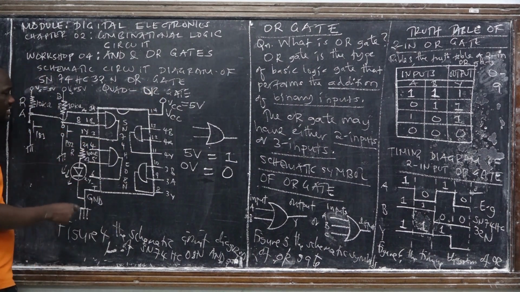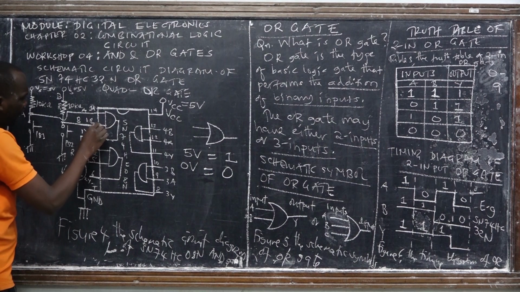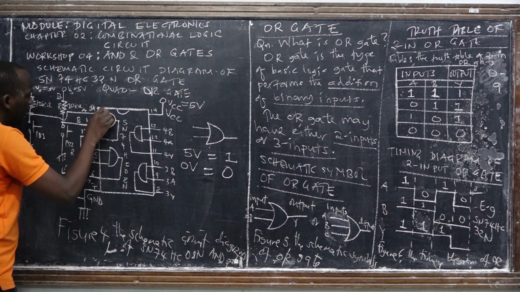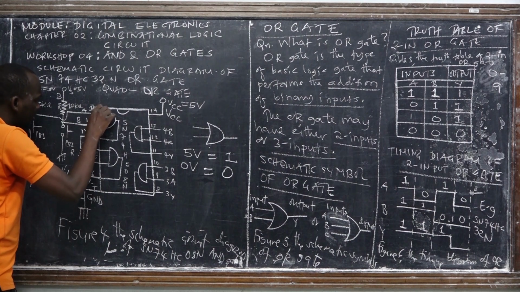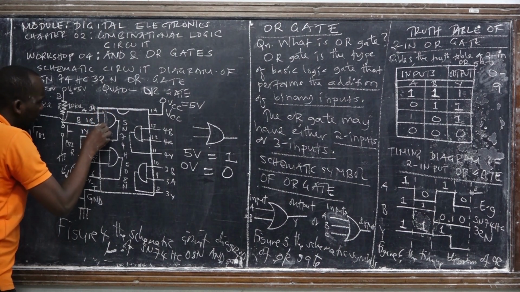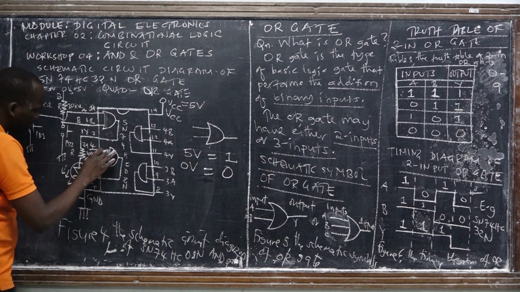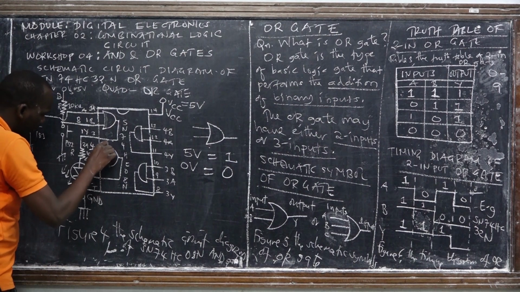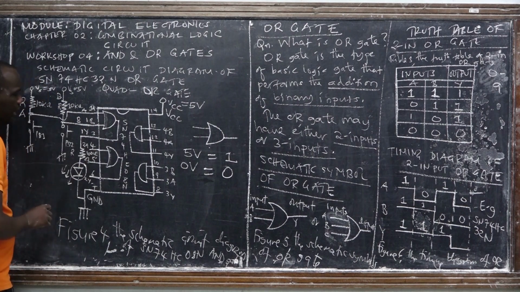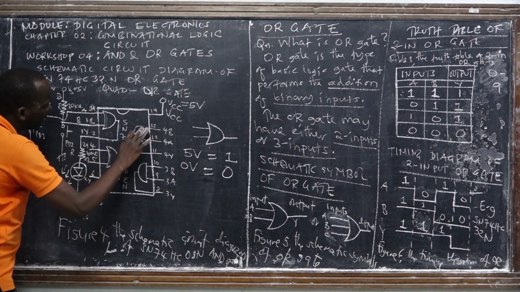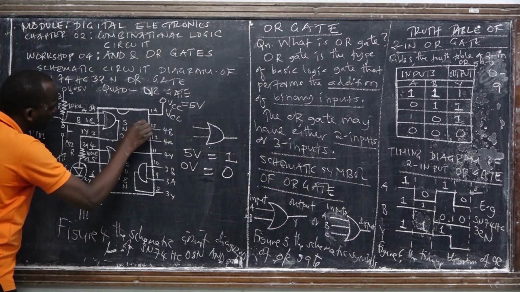Its physical appearance is the same as that of the AND gate, so you just have to remember the AND gate, but the appearance will be a little bit different. This is for the OR gate. And in this case, we have another OR gate like this. We have another OR gate.